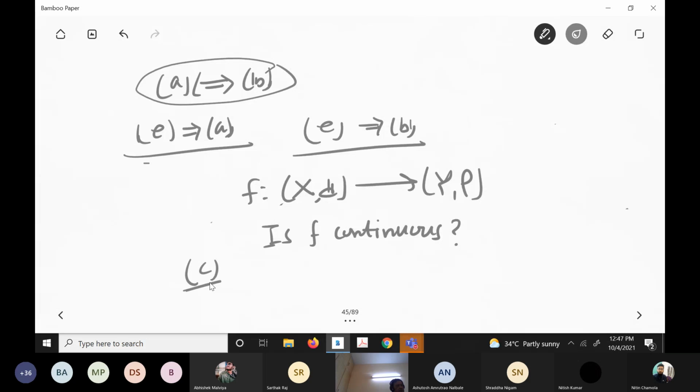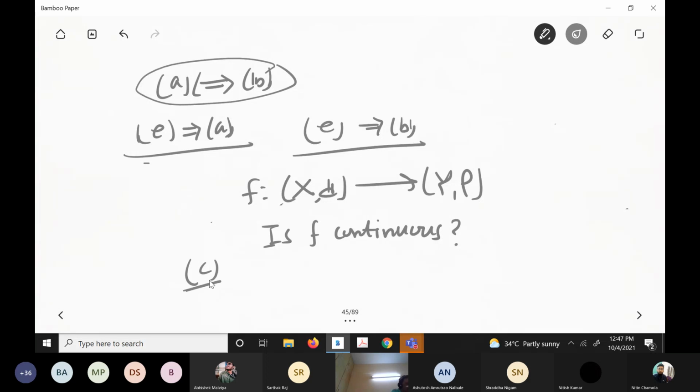Like you already did sequential characterization of closure points and accumulation points, here I am giving you sequential characterization of continuity. This is very powerful. First you should try it, but sometimes you get easier things with B or E.